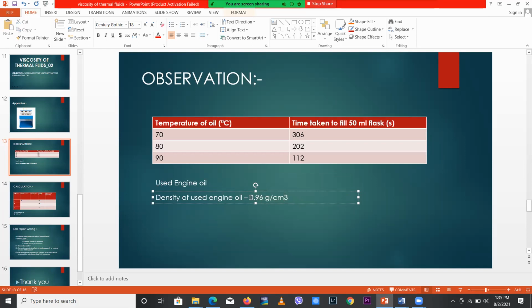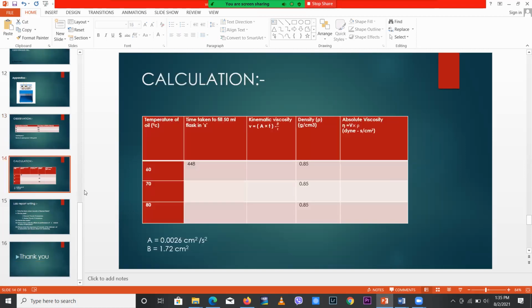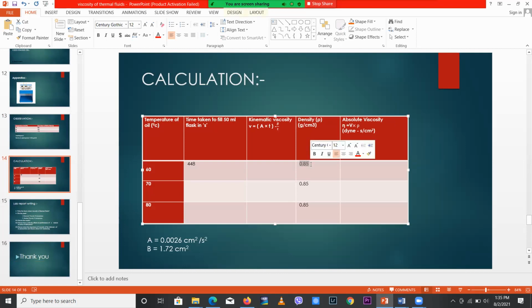I think it is better to use this as the density. If you assume it is the same, that's fine too, and it will be constant, so there will be no differences.